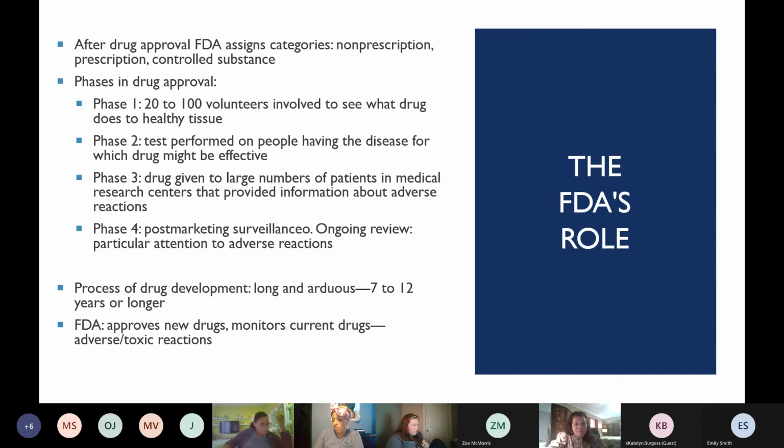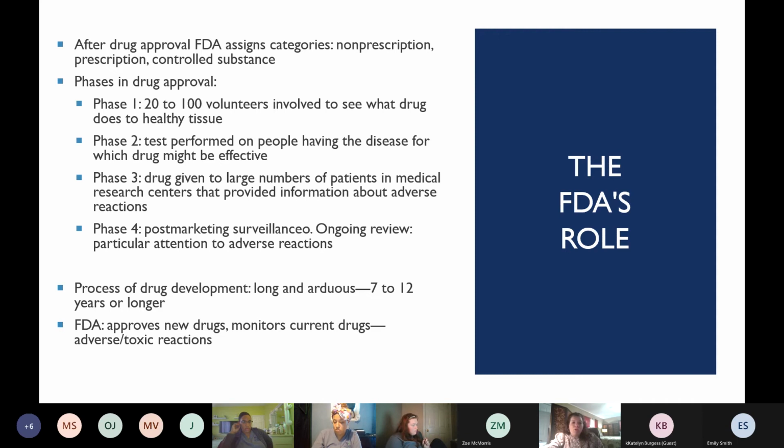But the FDA can expedite that process if the need is great, such as the COVID vaccination. So normally the COVID vaccination would have had to go through this entire 4-phase process, which it still goes through, but it is shortened greatly because the benefit of putting out that vaccine outweighs the risk of monitoring it for that extended period of time.